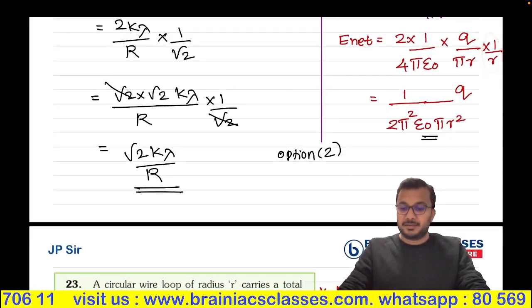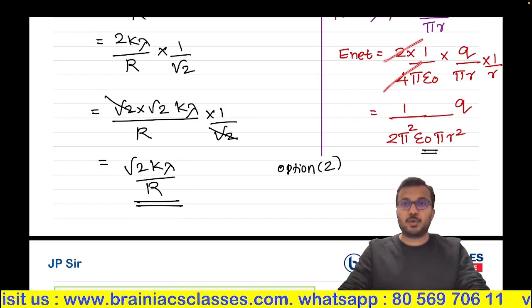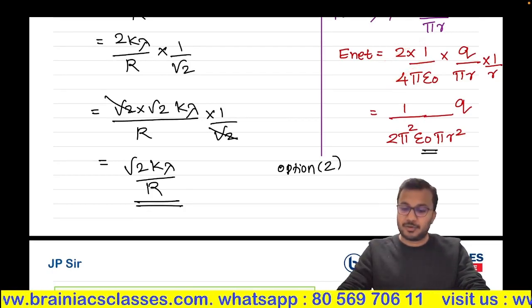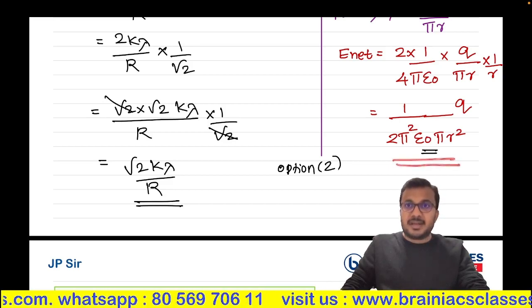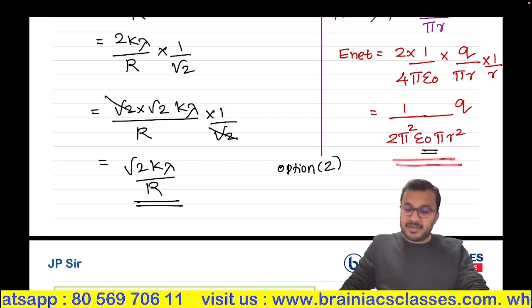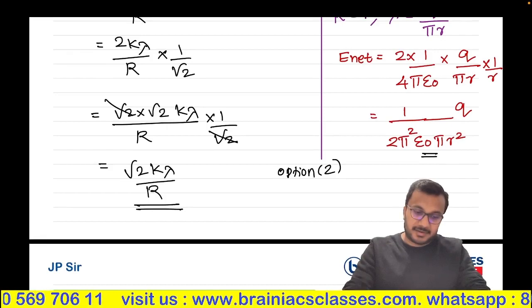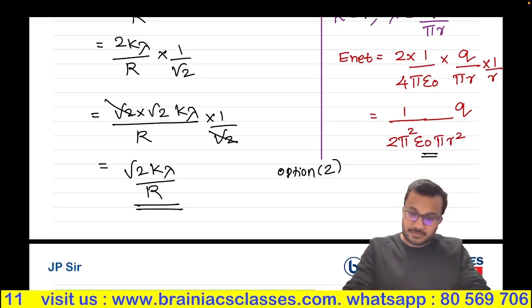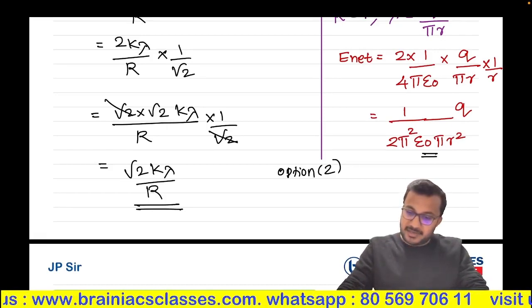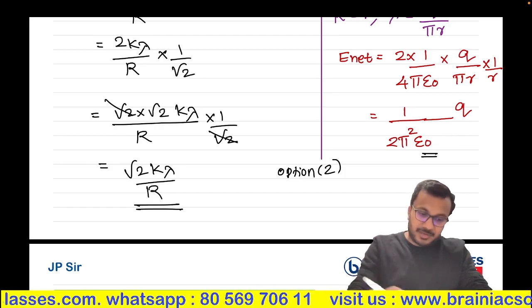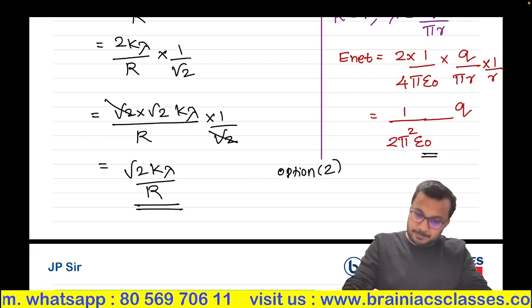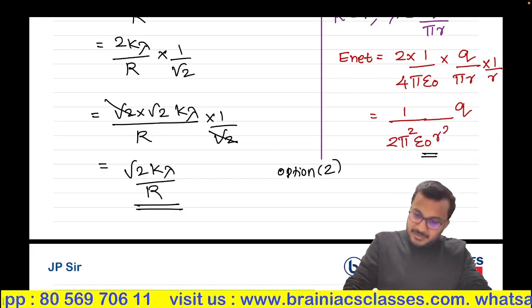What happened? This 4 and 2 get cancelled and we got 1 divided by 2 pi square epsilon 0. Here I have written an extra pi. So pi into pi, we have only one pi. So we have epsilon 0 and r square.